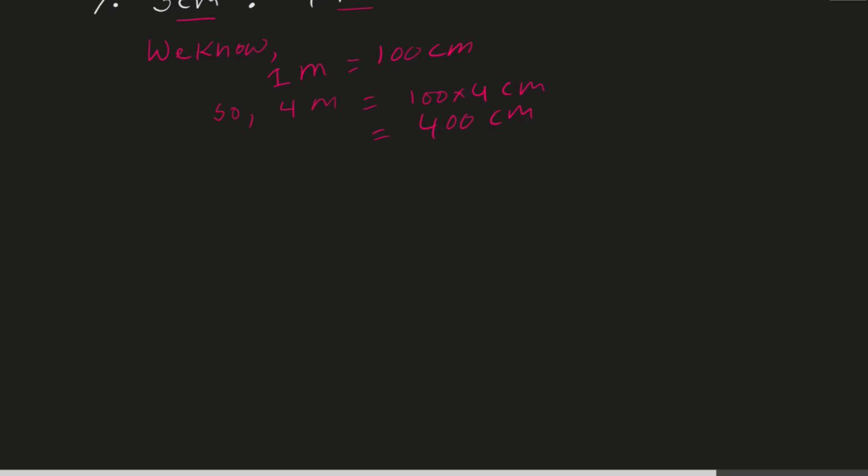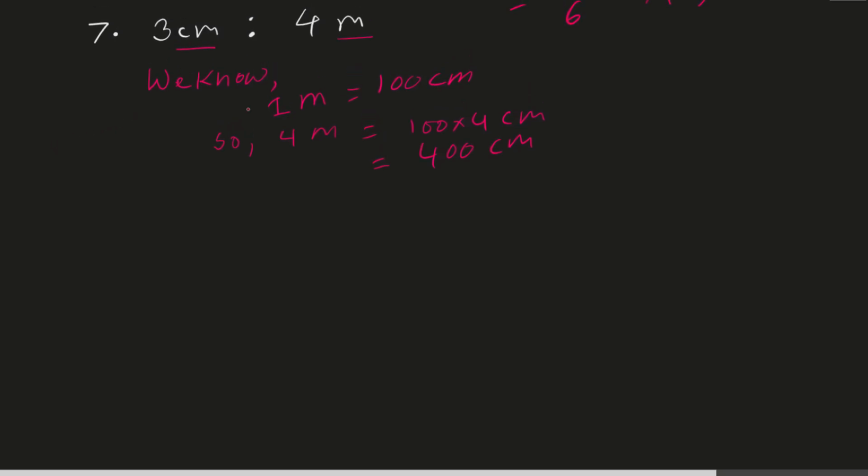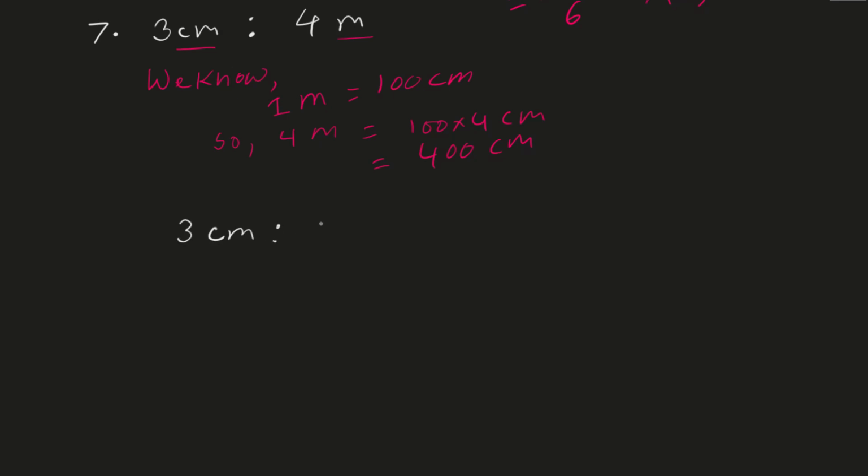As it is 400 cm, now we can write 3 cm is to 400 cm. Make it simple, cm cancel, and here is 3 over 400. You can reduce this, but no need to reduce it. So our answer is 3 over 400.